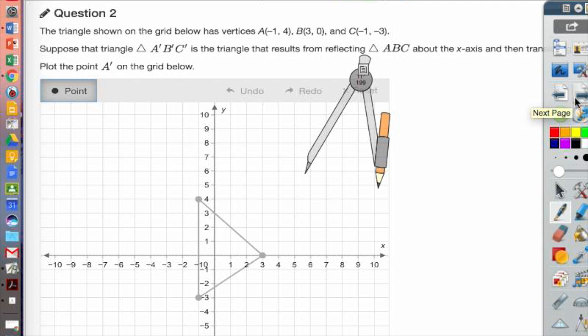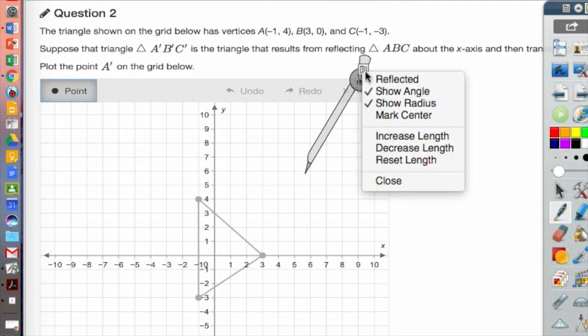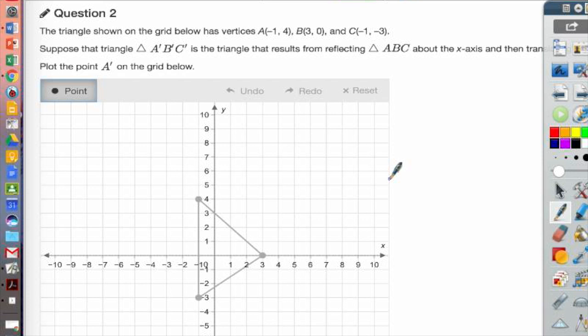Problem 2. Problem 2 says the triangle shown on the grid below has vertices at A, -1, 4, B, 3, 0, and C, -1, -3. The very first thing you're going to need to do is find those things. A corresponds to -1, 4.